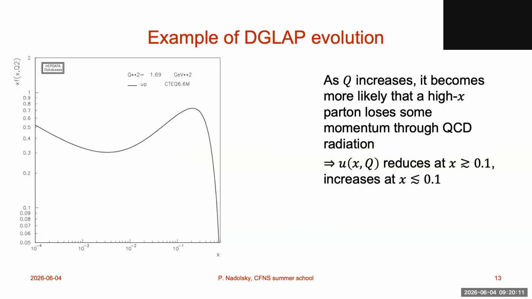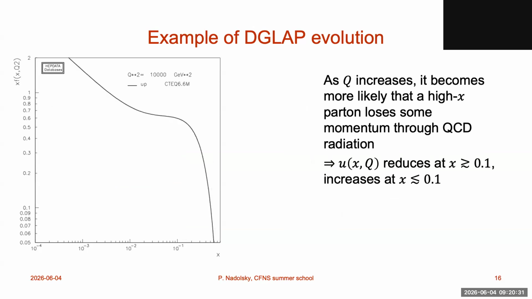For example, we take the up quark here. I show the up quark at Q of 1.3 GeV, and let's see how it evolves. This will be the up quark at 2 GeV, 10 GeV, and 100 GeV.